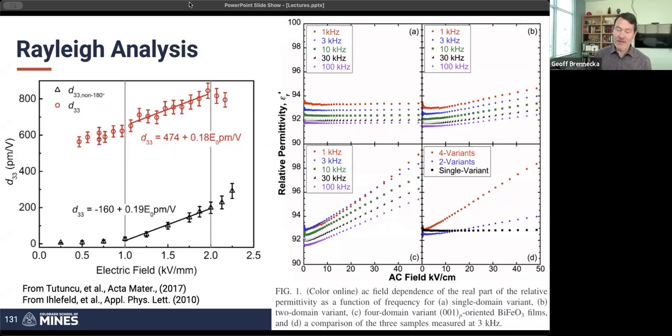Great question. It depends on your sample. The classic example is from Merz back in the 50s and 60s. He was using barium titanate single crystals and looking at them optically. Because the index of refraction varies with crystallographic orientation, you can see the domains optically because you get scattered light at the boundaries.